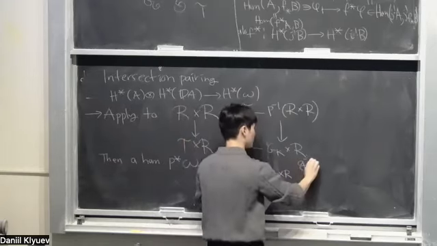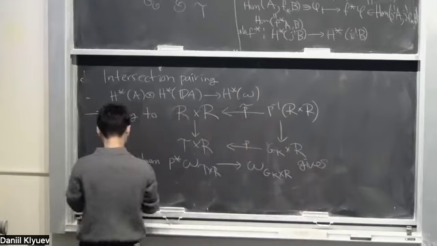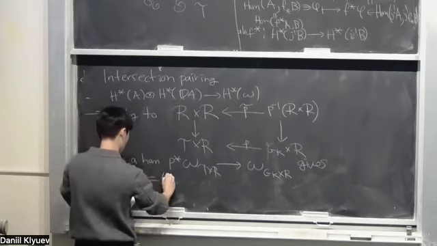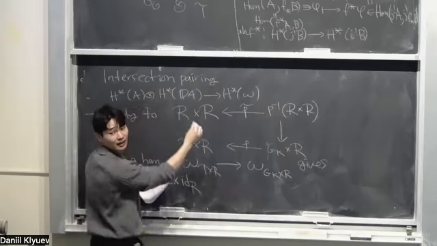Any such homomorphism gives a pullback with support. So actually, this more or less spells out the construction of that thing.